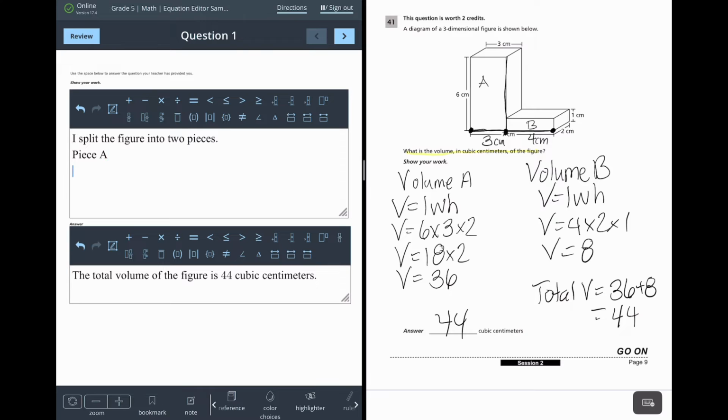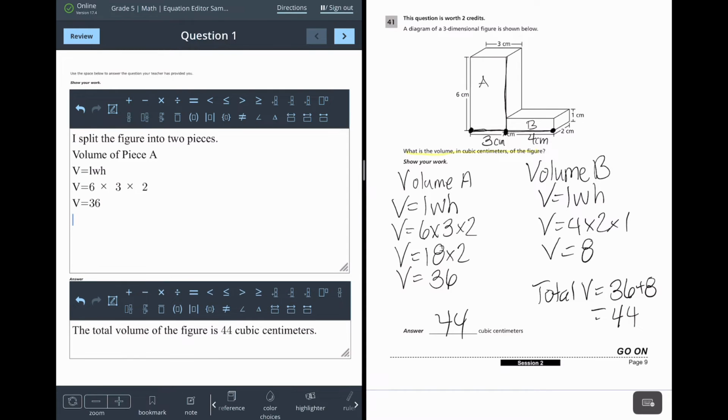Volume of piece A. Volume is equal to length times width times height. Volume is equal to, now I'm just copying, 6 times 3 times 2. Volume is equal to 36.